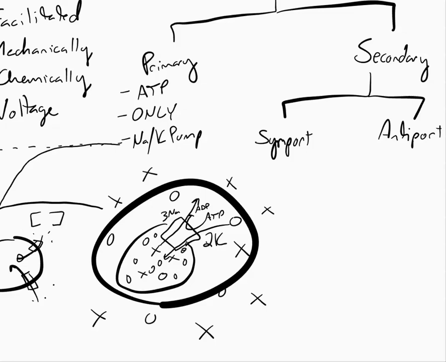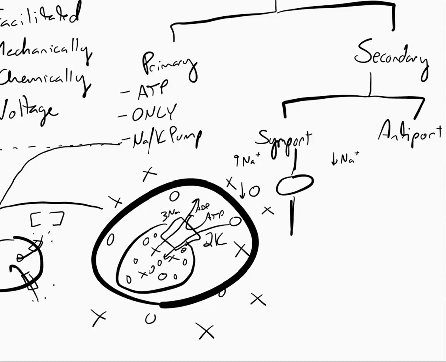And so with symport, let's say we have a high concentration of sodium on this side and a low concentration of sodium on this side. And this is the membrane, and this is the protein here in the middle. And then on the outside, whatever we're trying to transfer has a low concentration.